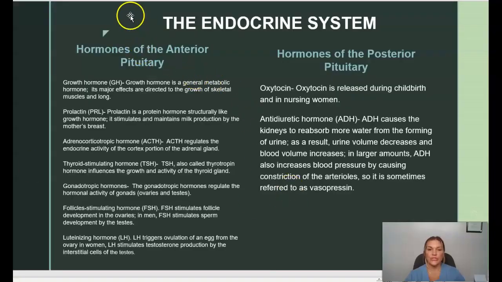So there are different hormones that both the anterior and then the posterior pituitary gland produce.